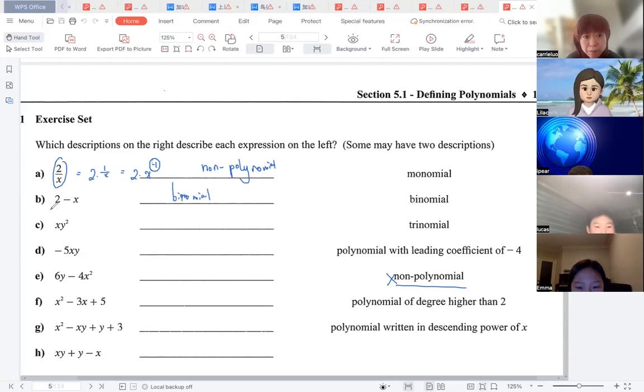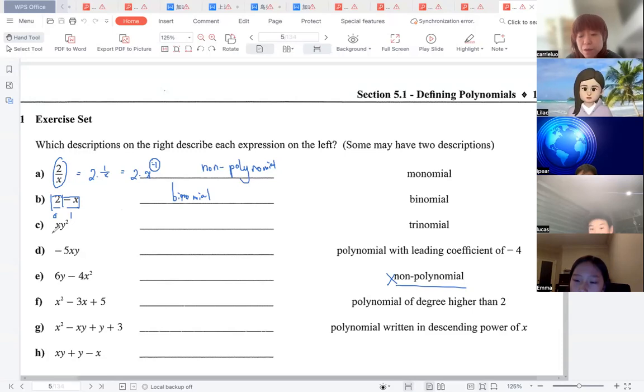One of them is 2, the other one is negative x. Based on that, I want to ask you a question, Daniel. For the term 2, what is the degree? For the term negative x, what is the degree? For the term 2, it's 0, and for negative x, it's 1. Very good. Good job, Daniel.